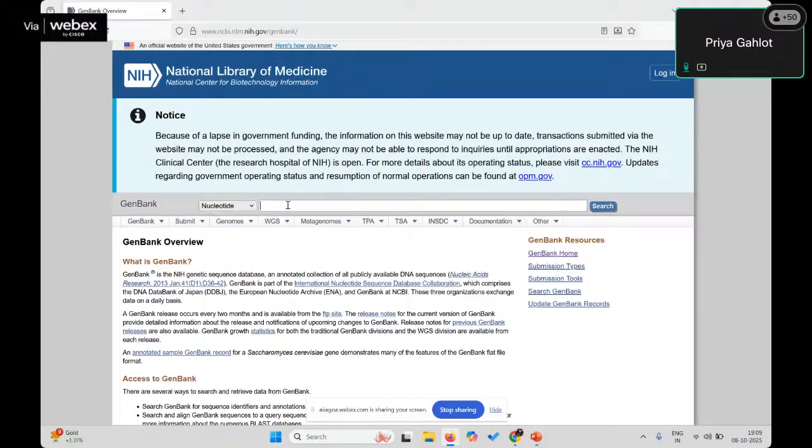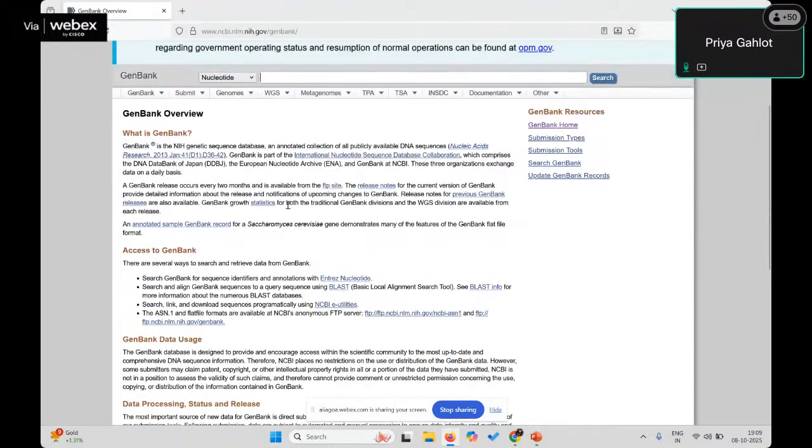Basically, in GenBank, we can search any available nucleotide data.